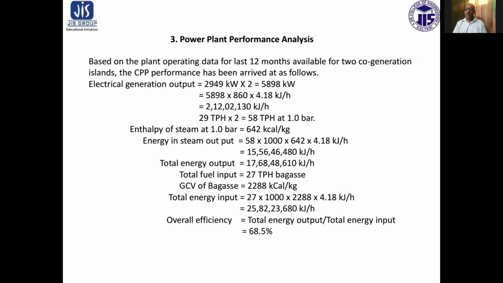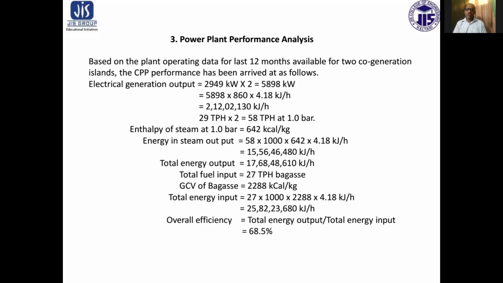Energy in steam output is 58 into 1000 into 642 into 4.18 kilojoule per hour, that is 15,56,46,480 kilojoule per hour. The total energy output is 17,68,48,610 kilojoule per hour.